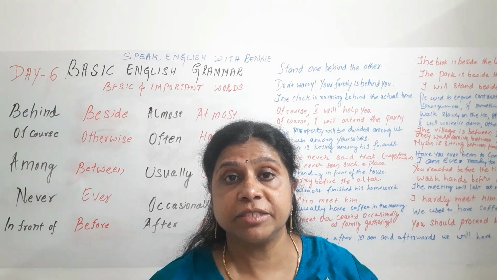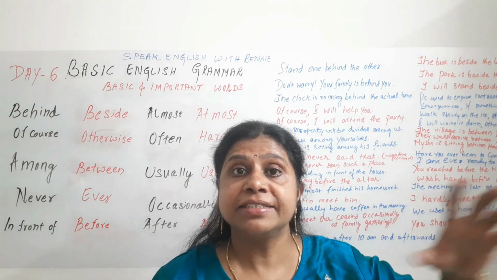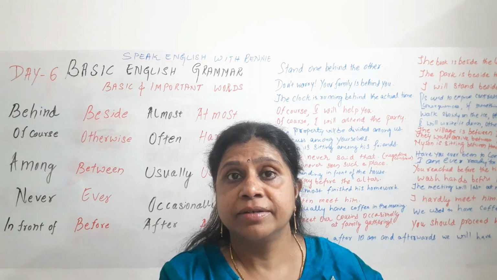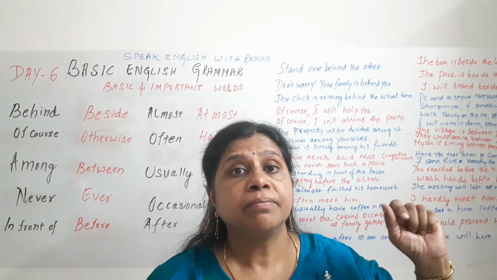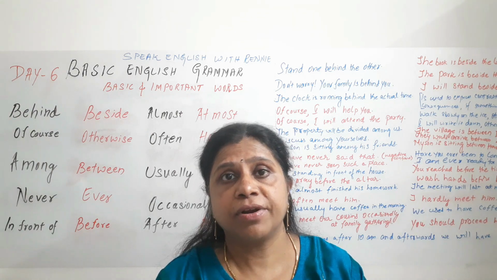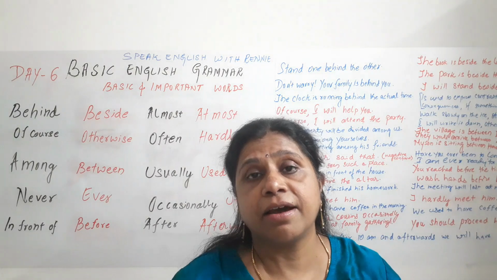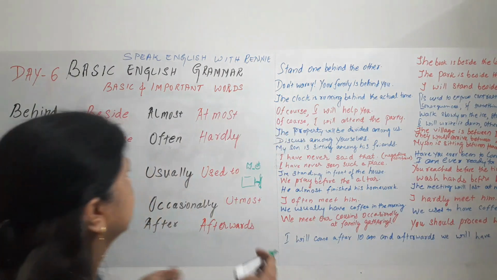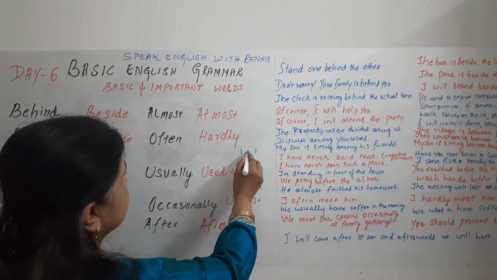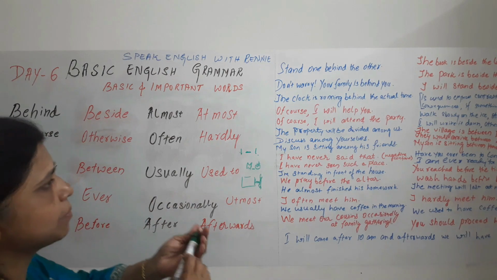Here among his friends means there are many students. My son is sitting somewhere there among them, because it is a group of students. Alright. The village is between Delhi and Agra. So here Delhi and Agra, specifically two places, between those places.